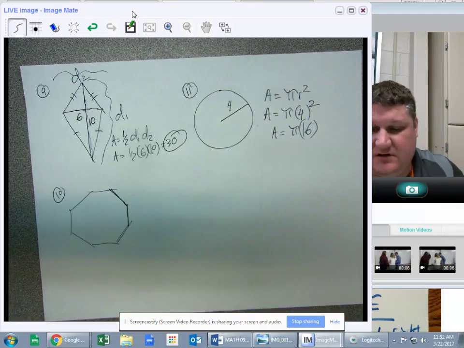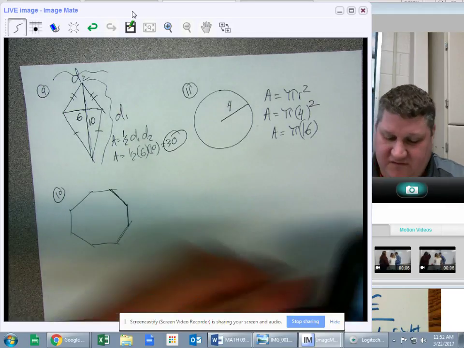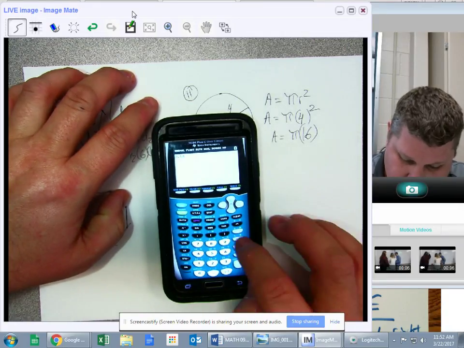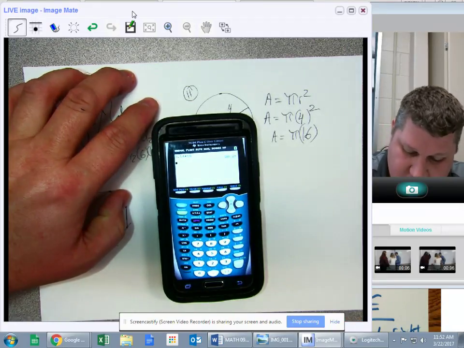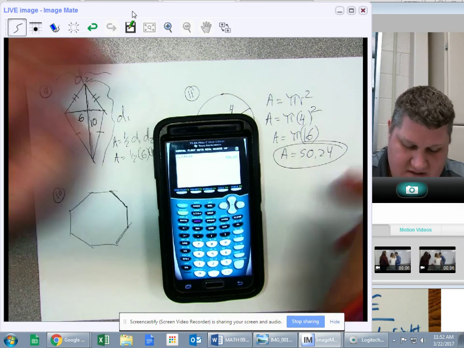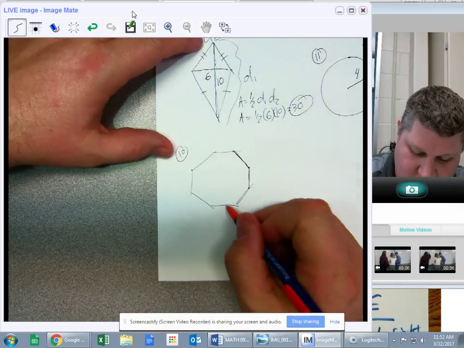If I go to a calculator and I take 16 times pi, pi is a number that never ever ends. So what do I use as an approximation for pi? Thank you. Very good. 3.14 times 16. Answer is 50.24.